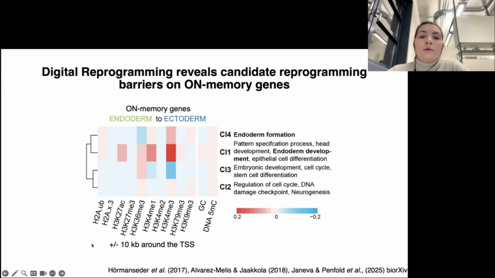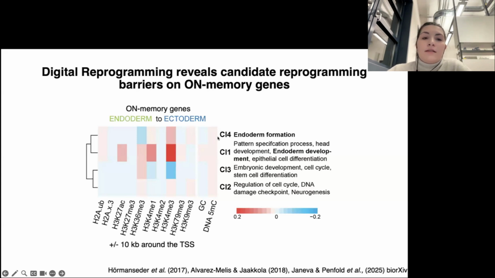In particular, we were interested to see that K4 trimethylation, which has been reported in the past, was confirmed with this approach, and we could see it in particular in clusters 4 and 1, which are pertinent to endoderm development. This mark was particularly enriched, and in the case where we are looking from endoderm to ectoderm reprogramming, this hints that this mark could be linked to genes that are relevant for cell identities, and this could be genes that maintain memory.